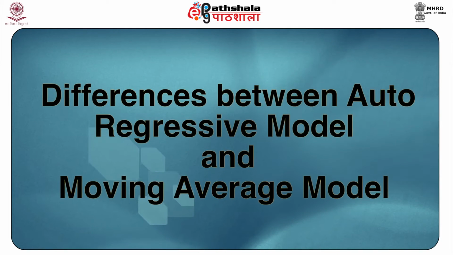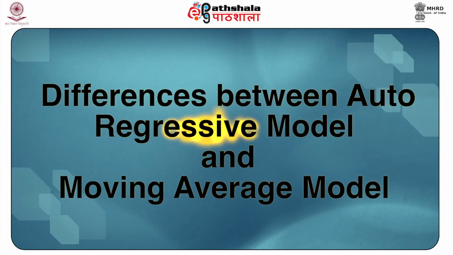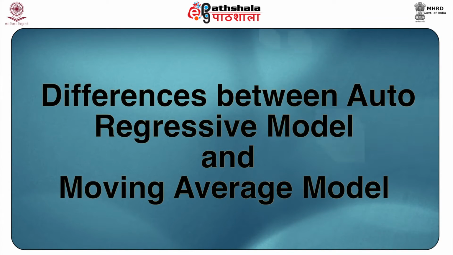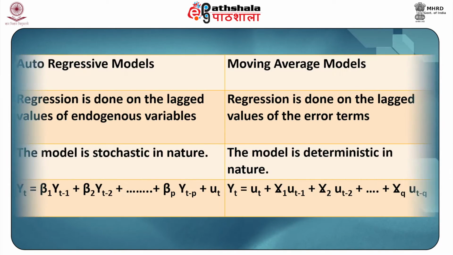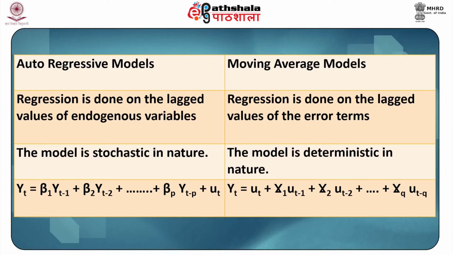Let us now discuss and learn the differences between the autoregressive model and the moving average model in more detail in this section 4.1. The difference is that in the first model, regression is done on the lagged values of the endogenous variable, whereas in the moving average model, regression is done on the lagged values of the error terms.